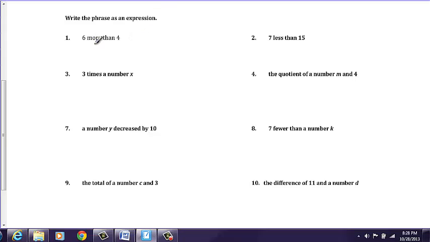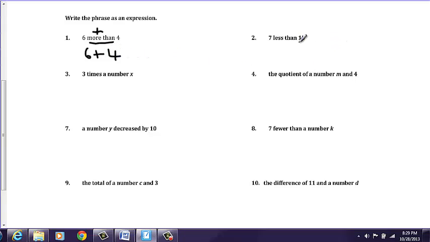Now, what I want you to do when you write the phrases as an expression is to underline the keyword that tells you what operation it is. In this case, it says 6 more than 4, and I know that more than means it's an addition problem. So 6 more than 4.